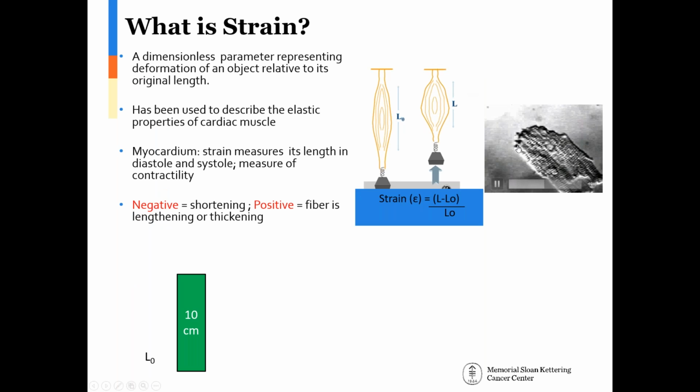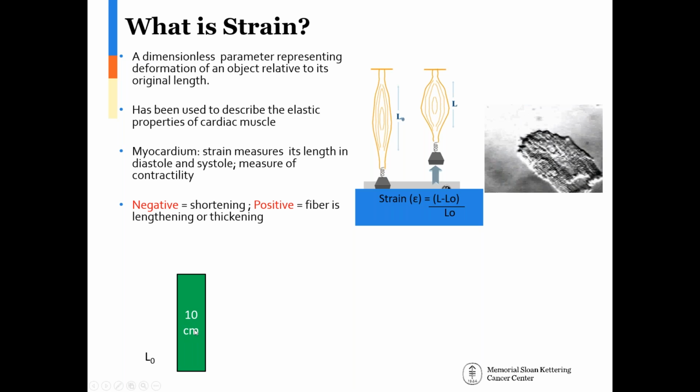So strain is a dimensionless parameter representing deformation of an object relative to its original length, calculated as the difference in length before and after the force is applied over its original length. It has been used to describe the elastic properties of cardiac muscle, and in the myocardium, strain measures its length in diastole and systole, and serves as a measure of contractility.